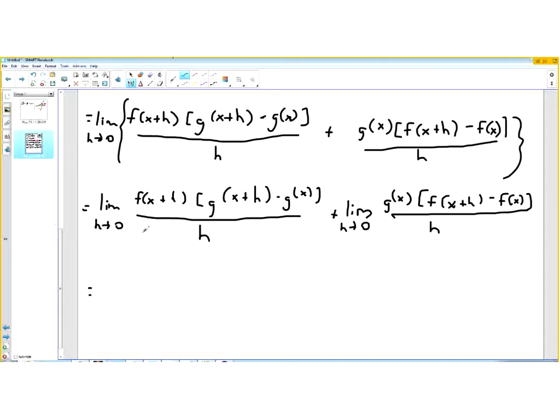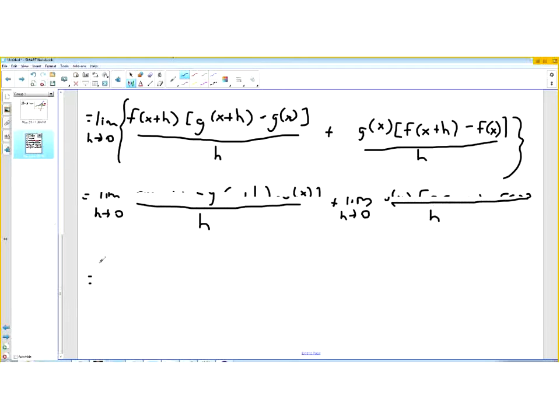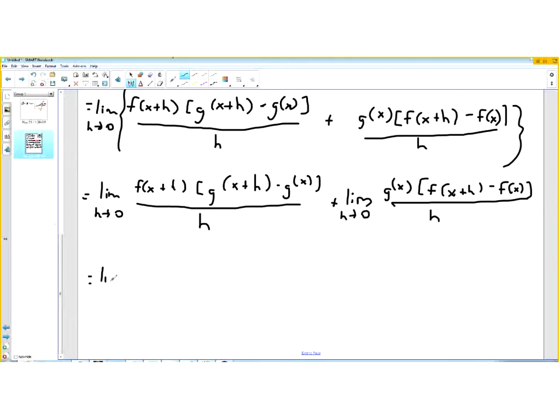In the first limit, we have a product of two functions, so we can apply the limit law for a product of functions. I'll consider this as one function, and f of x plus h is the other function.